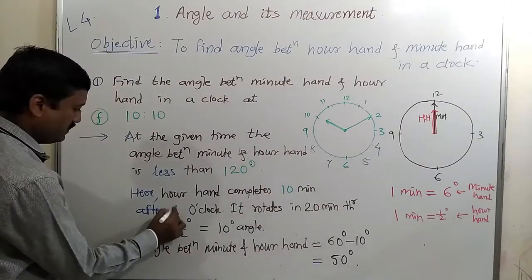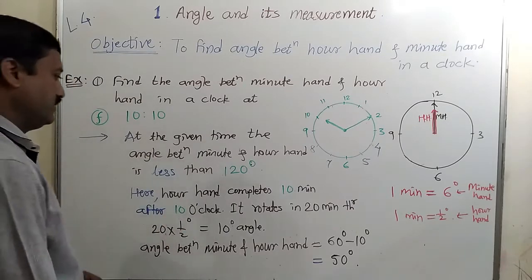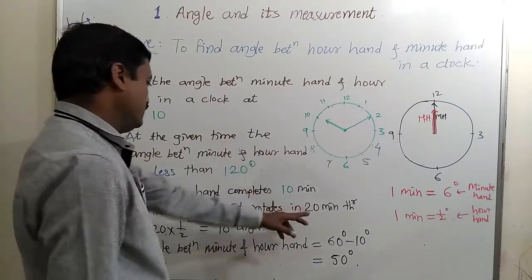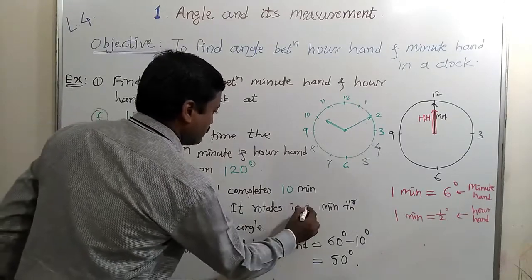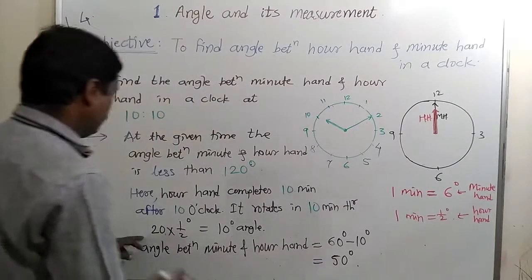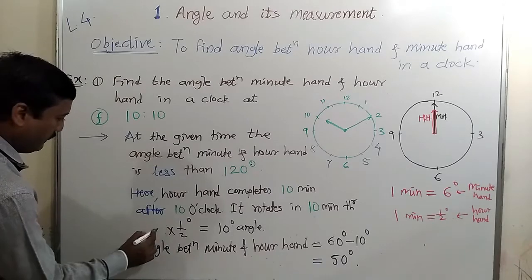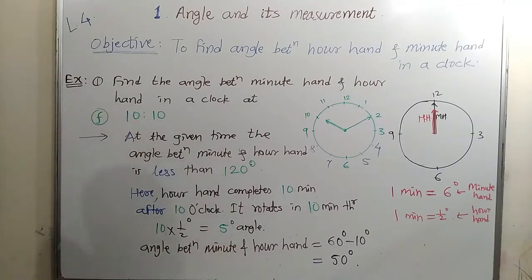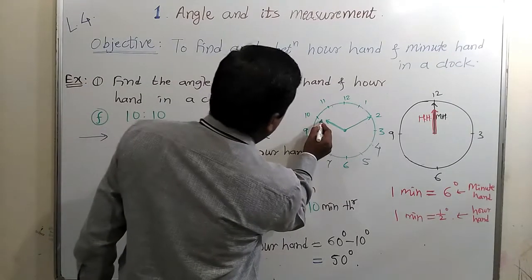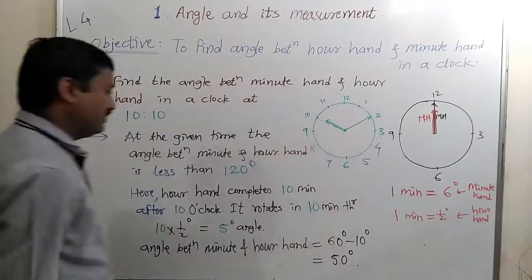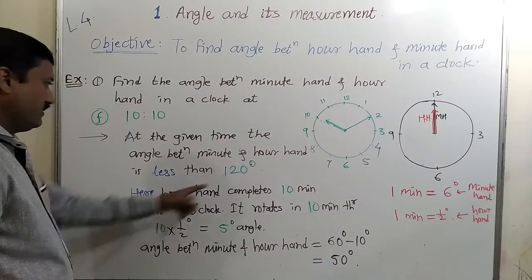After 10 o'clock, it rotates in 10 minutes through 10 into half, that is 5 degree angle. Only 5 degree rotation is there. Here rotation is 5 degree, so it is less by 5 from 120.